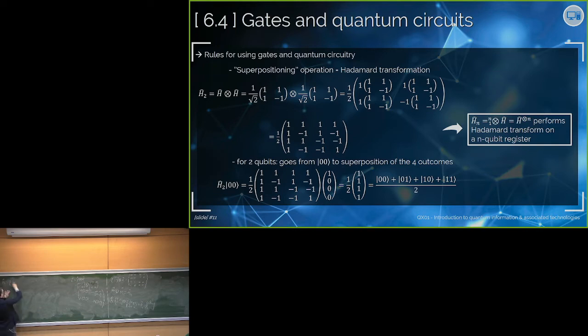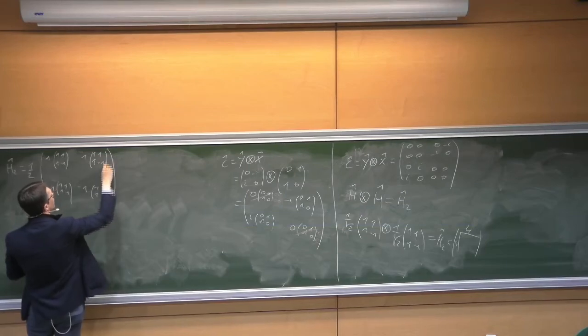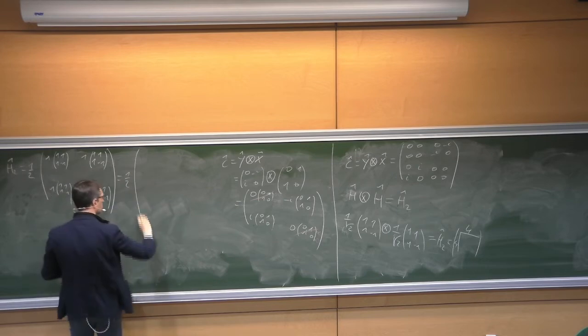So I have 4 by 4, so I have 1, 1, 1, 1 minus 1. Okay, and then for each of them I have again the matrix 1, 1, 1 minus 1. So 1, 1, 1 minus 1, 1, 1, 1 minus 1, 1, 1, 1 minus 1, and then 1, 1, 1 minus 1.